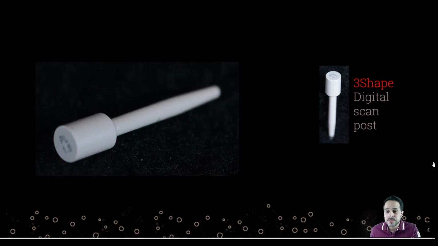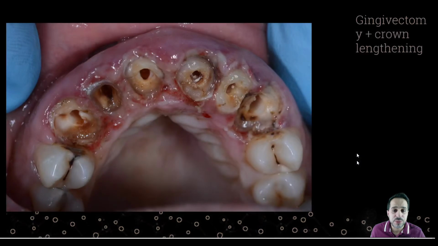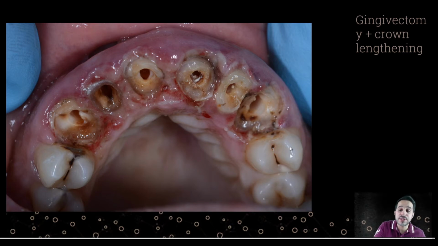So we started our preparation, cleaned up the teeth, did some crown lengthening using our waterless machine, hard tissue removal plus soft tissue removal, all of that at the same visit, at the second visit.